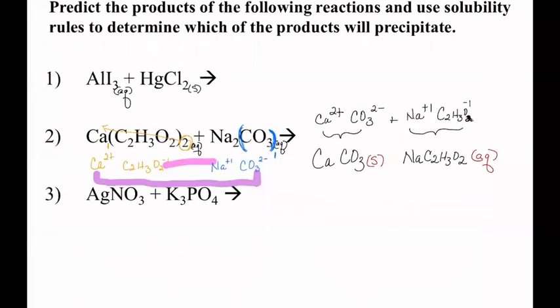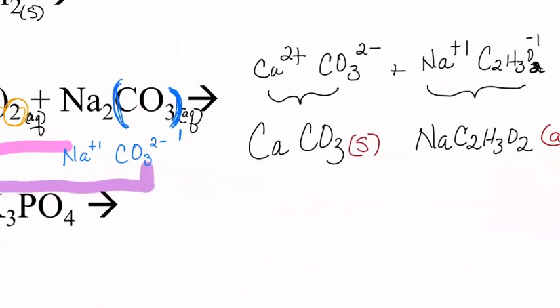There is a term that we utilize in order to determine the solid in my double replacement reaction, and that is called a precipitate. So in a question for exam 4 or for the homework, if it asks you which one of the following compounds forms a precipitate or forms a solid in a double replacement reaction, for example here, your answer will be calcium carbonate.